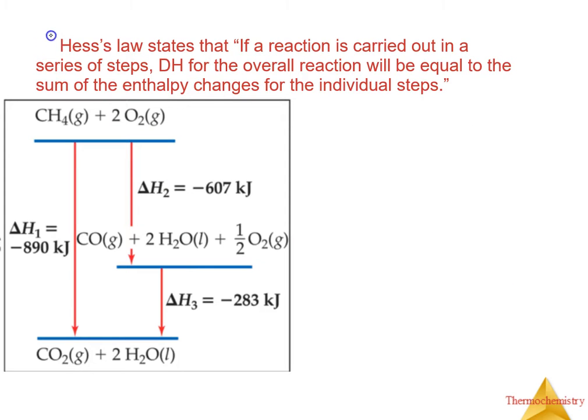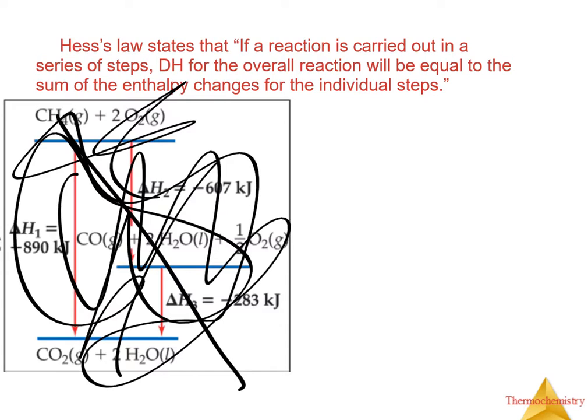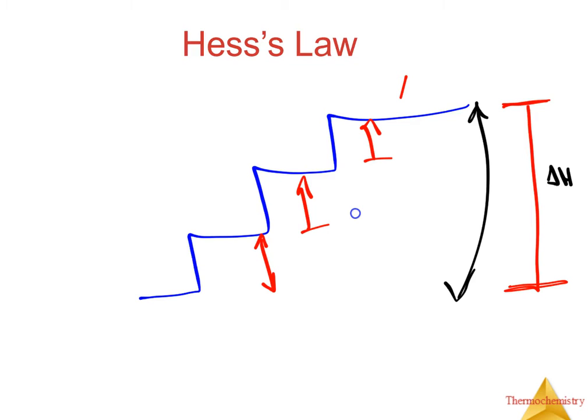All right, here we go. This is his actual law here. Hess's law, don't worry about that. It states if a reaction is carried out in a series of steps, delta H for the overall reaction will be equal to the sum of the enthalpy changes for the individual steps. Now, this looks scary, but it's easy. It's the same idea.